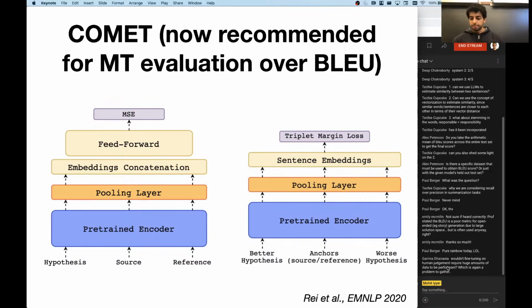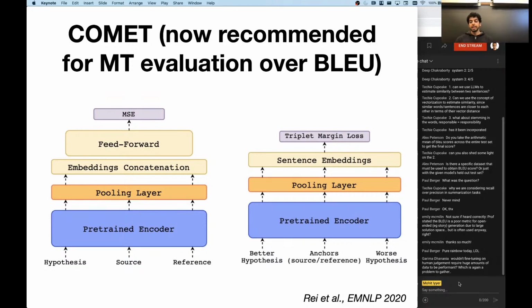Okay, wouldn't fine-tuning on human judgments require huge amounts of data to be performant, which is a problem to gather? It's a good point, but there actually is a sizable amount of human translation ratings. There's over 100,000, maybe even 200,000 or 300,000 of these at this point. People have been collecting them over the past decade, so there's a lot of data.